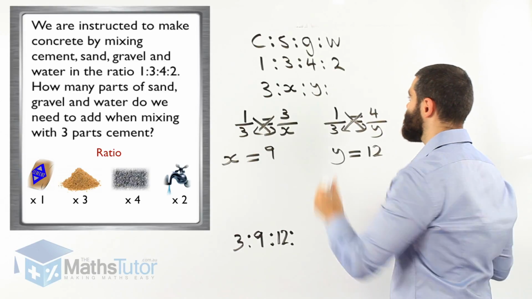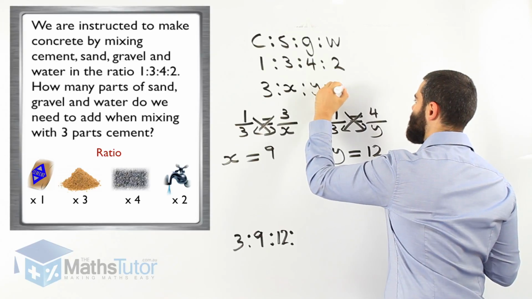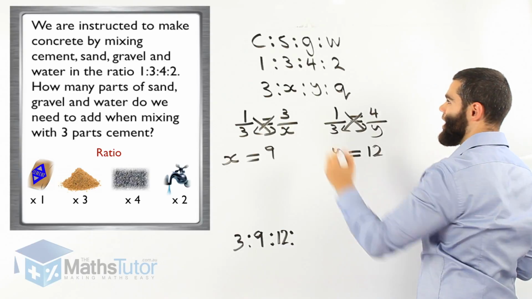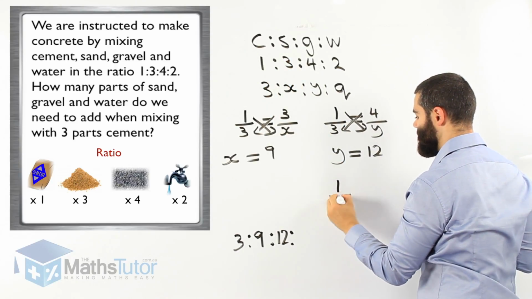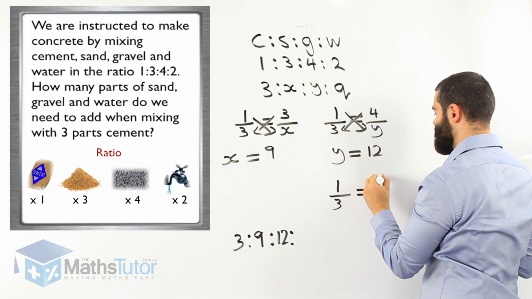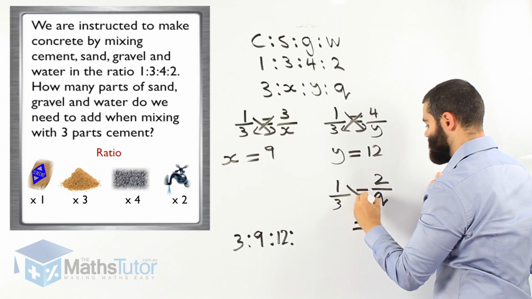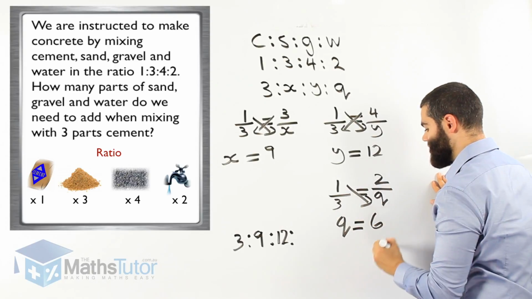Last one is the water. We'll call the water Q. Let's do it. We have, again, using the cement, 1 over 3 equals 2 over q. Cross multiply, 1 times q is q, 3 times 2 is 6.